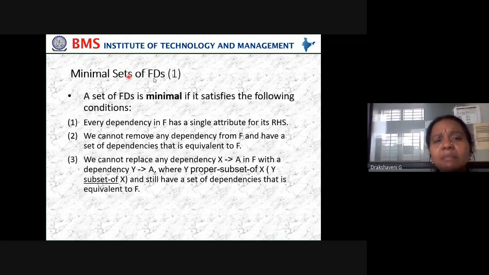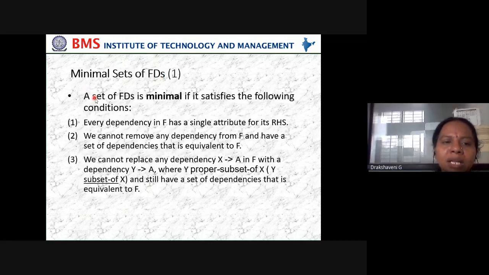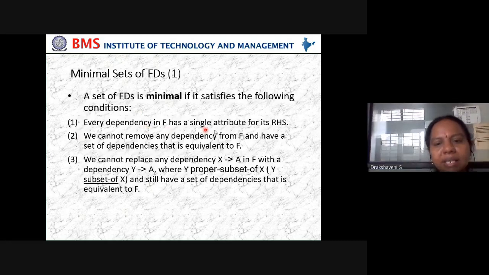Then when do we say a set of functional dependencies is minimal? A set of functional dependencies is minimal if it satisfies the following conditions. Every dependency in F has a single attribute for its right hand side.